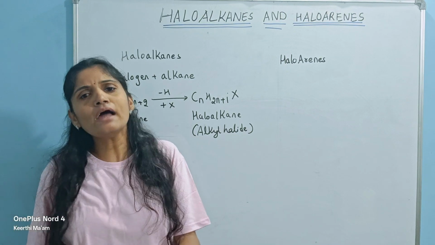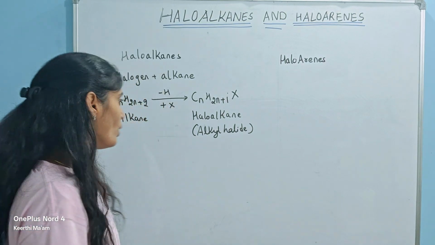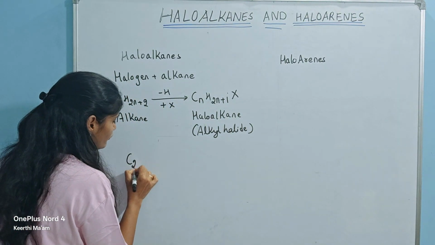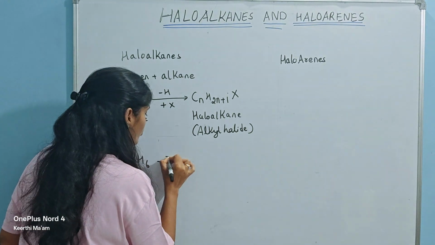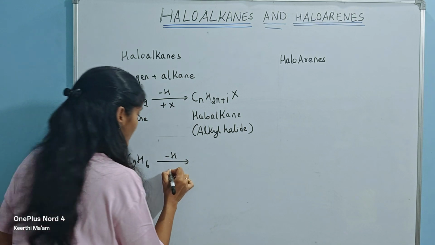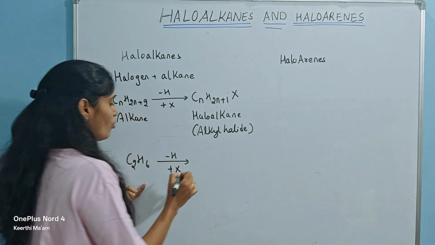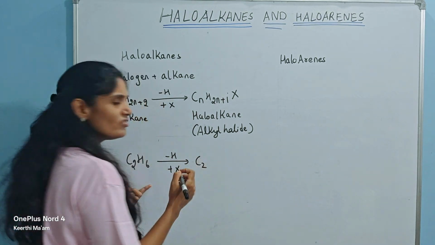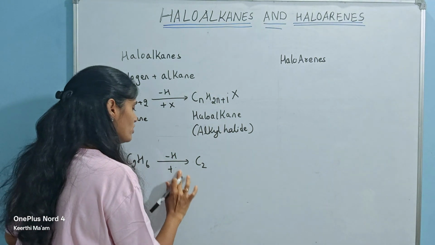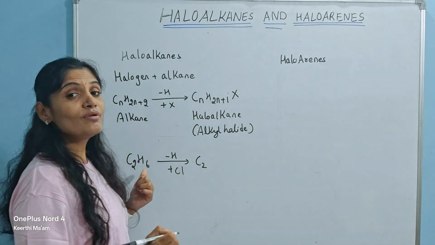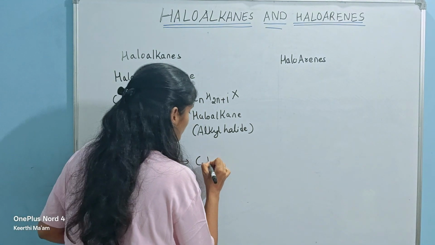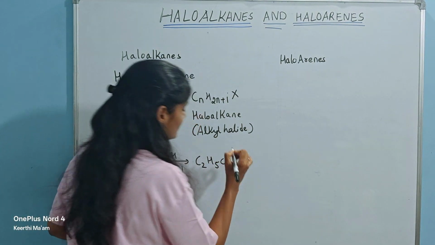Now this I have shown you by taking the general formula. Now I will take a normal alkane compound, a hydrocarbon, C2H6. This is my alkane. I will remove one hydrogen from this and add one halogen. Let us take this halogen as Cl instead of writing just X. So what do I get by replacing one hydrogen with Cl here? C2H5Cl.